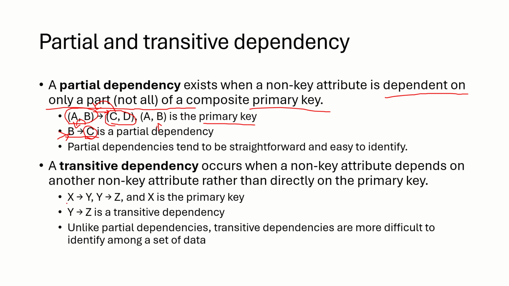For example, we know X is a primary key, but X can determine Y, and Y can determine Z. Here Y is not the primary key or part of the primary key, and neither is Z. So Y to Z is a transitive dependency. Unlike partial dependencies, transitive dependencies are more difficult to identify.